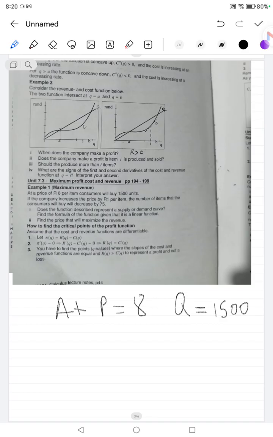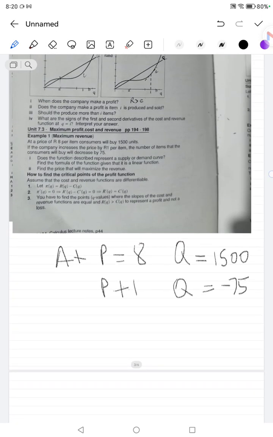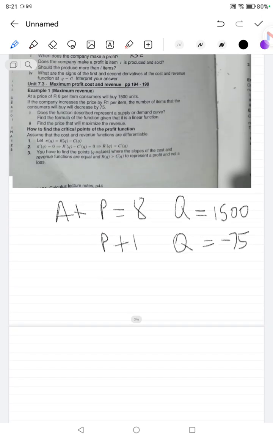Then again, they say if the price is increased by 1, then the Q decreases by 75. So you can already see that you are having a negative relationship.